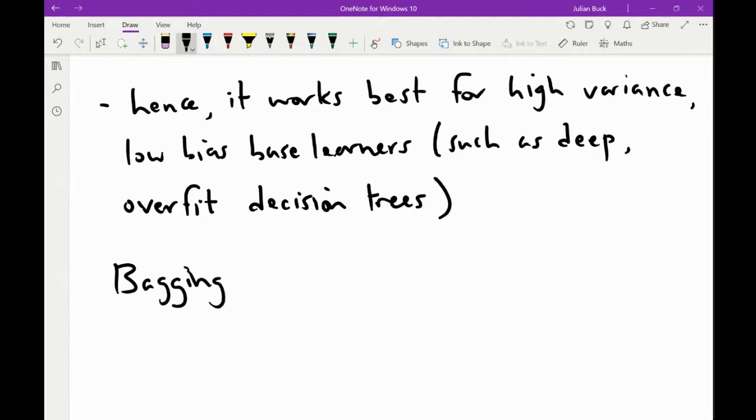So Julian, you said that it works best for high variance, low bias base learners. What about the data set we're working with? Does it give a hint which would work best with it? Would it be like gradient boosting machines or, I mean, random forest?